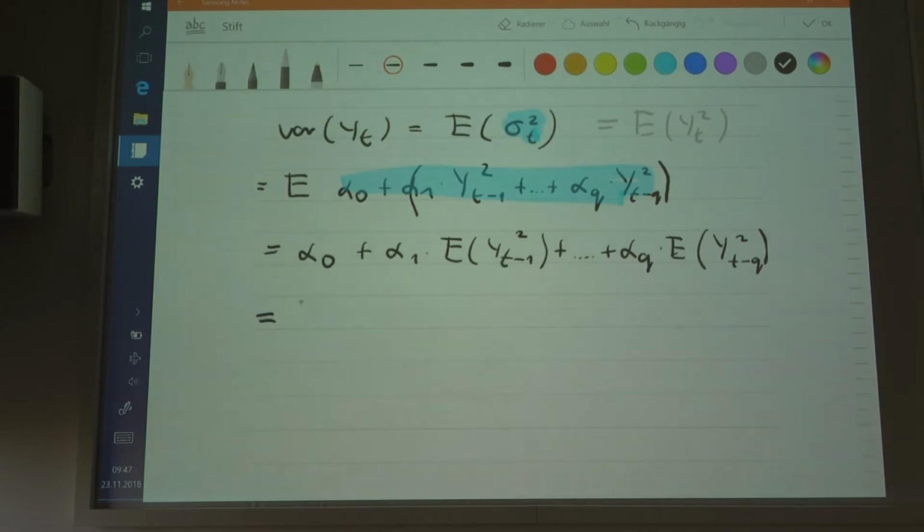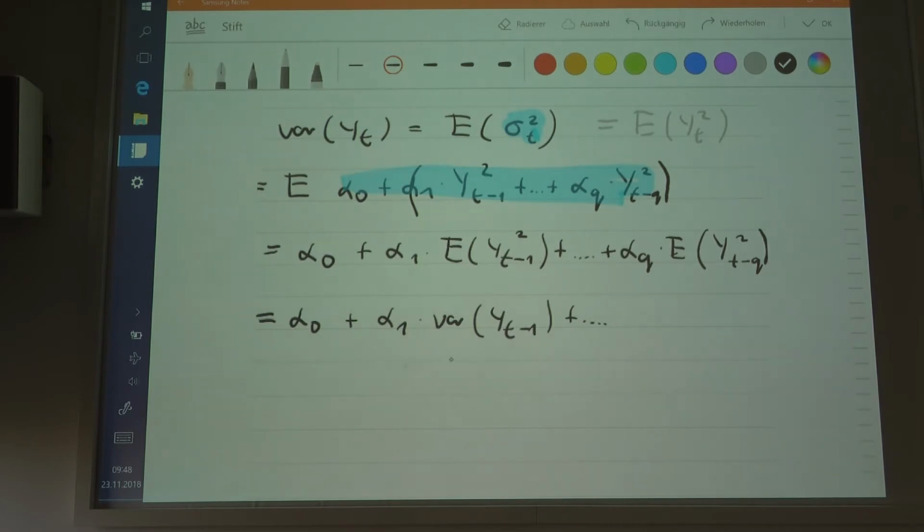This means that basically you have alpha 0 plus alpha 1 times the variance of y_{t-1}, then alpha 2 times the variance of y_{t-2}, etc., and then alpha q times the variance of the process at point t minus q.